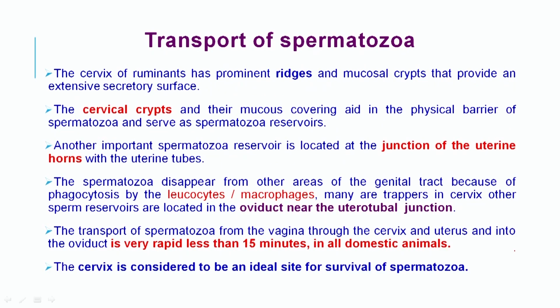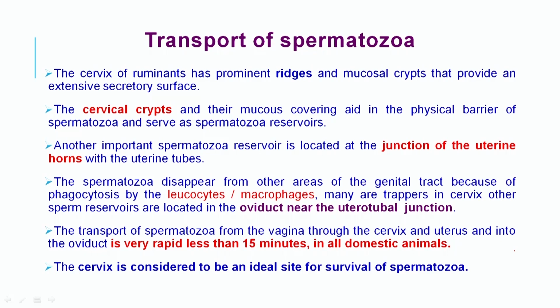The cervix of the ruminants has prominent rugae and mucosal crypts that provide an extensive secretory surface. The cervical crypts and their mucus covering act as a physical barrier to the spermatozoa and serve as a spermatozoa reservoir. That means the cervix is the site where the spermatozoa are stored.